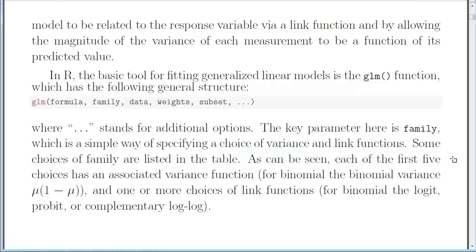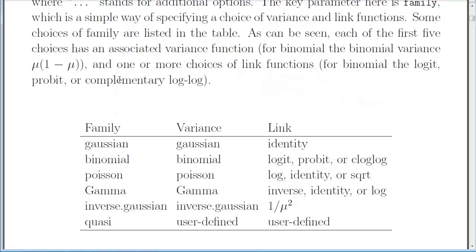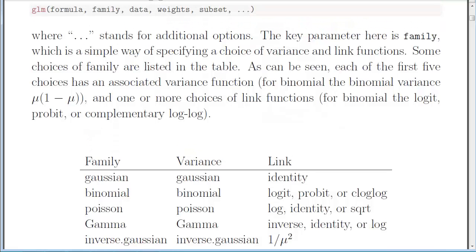So I've got a little table here where we can specify that family variable. If we want to do a standard general linear model, not generalized, then we can use Gaussian here, in which case we would probably just use the function LM rather than GLM, but it allows you to do a Gaussian distribution.